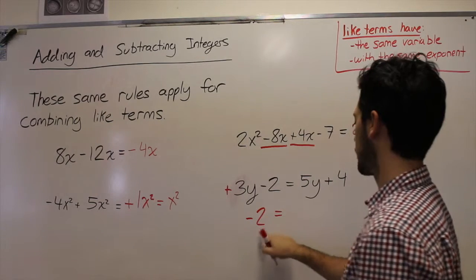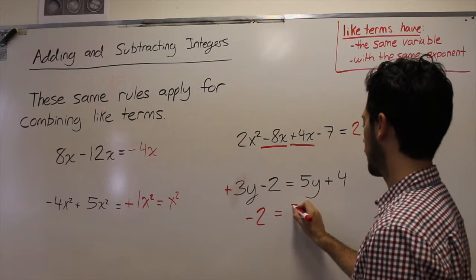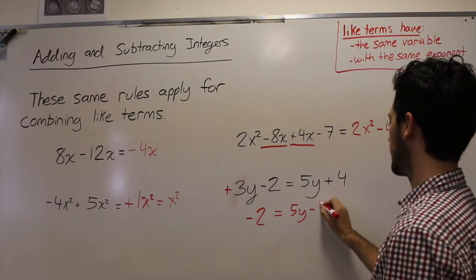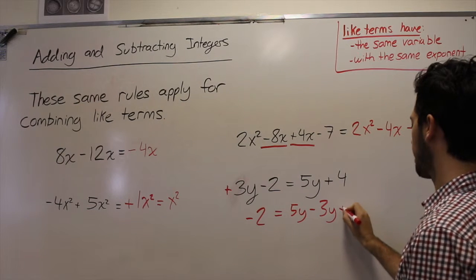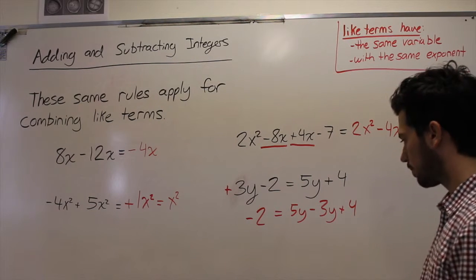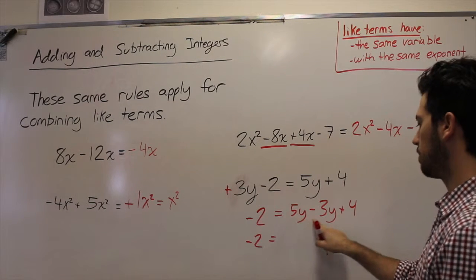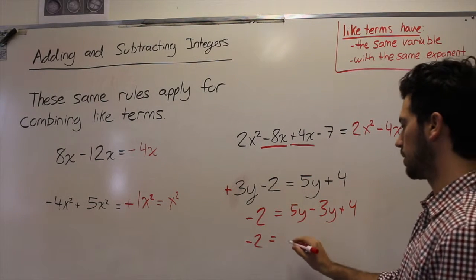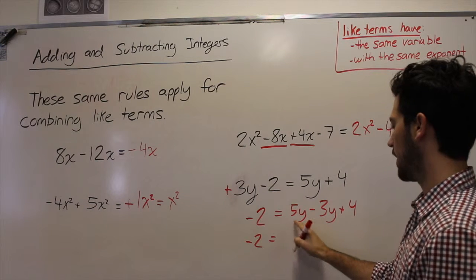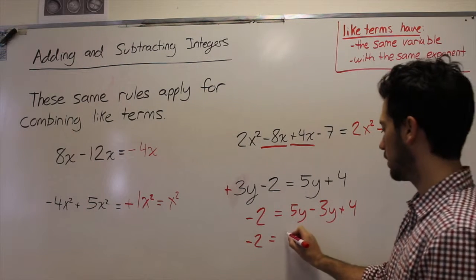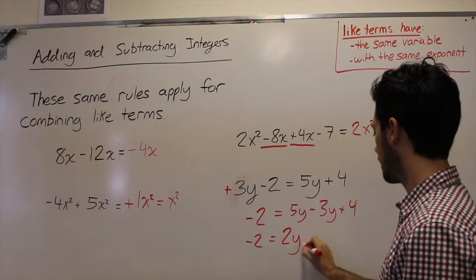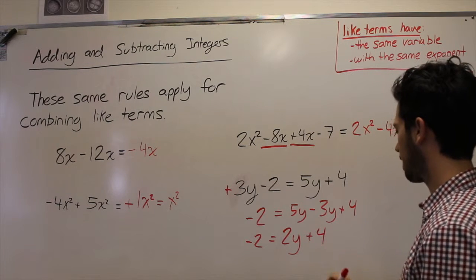And so we're just left with negative 2 here. This will be 5y minus 3y plus 4. And when we put our like terms together, 5 minus 3, the bigger one is the 5, so it's going to be positive, and the difference between the two is 2, so 2y plus 4.